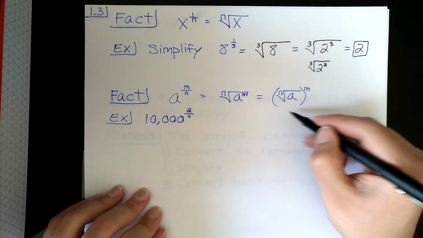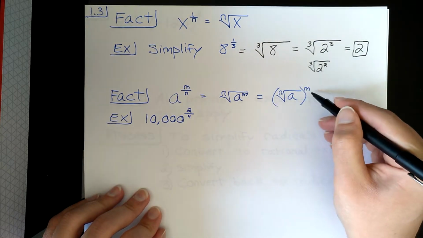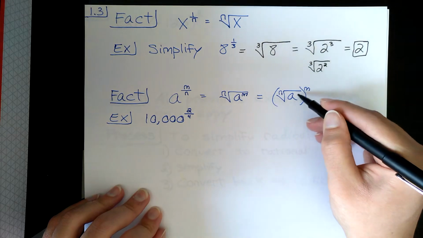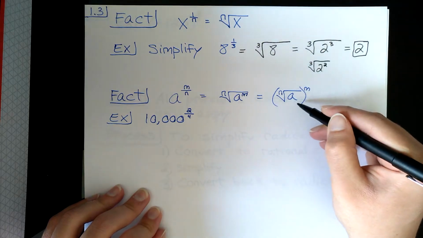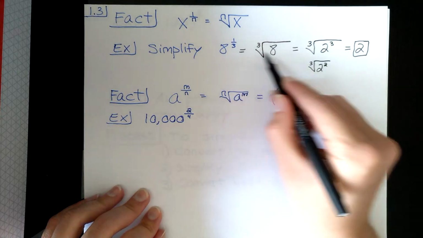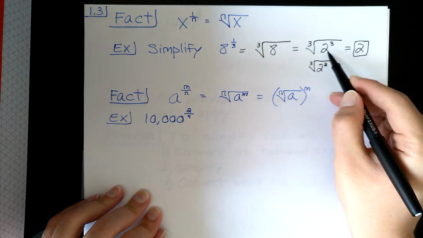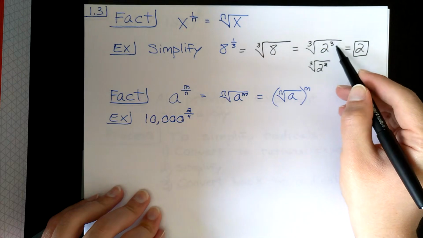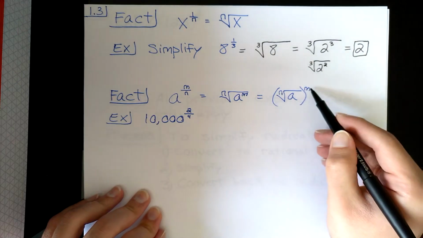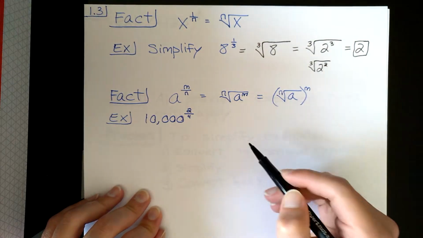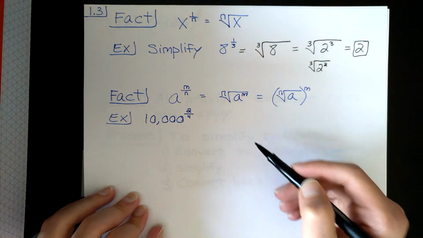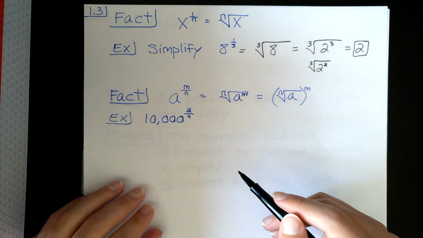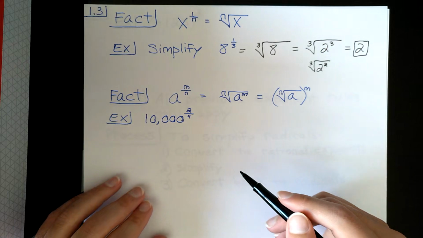Okay, so this case is the most common one that comes up though. Typically you are going to be able to simplify. You are going to be able to do something like this where you can change 8 to 2 to the 3rd power and then break it down before you apply the numerator of your exponent. Okay, so let's go ahead and try these in some examples to make more sense of that.